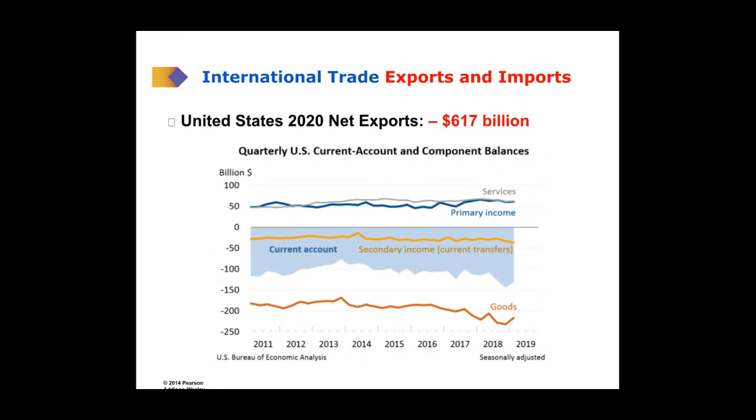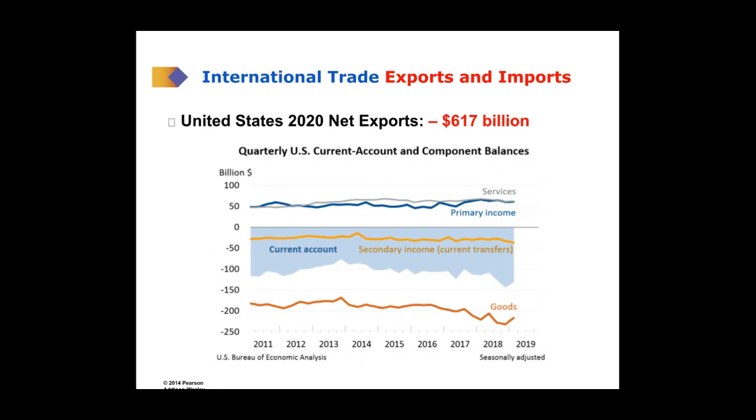There are other things that go into the current account and into the trade balance, but the main one is the net exports, the exports minus the imports, negative $617 billion for 2020 for the United States.